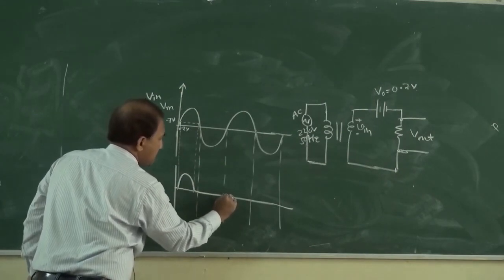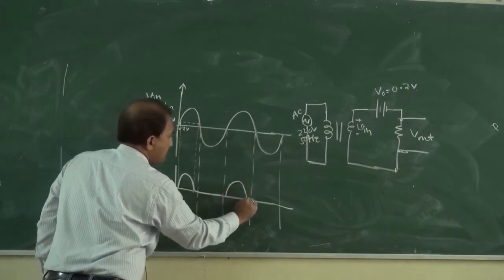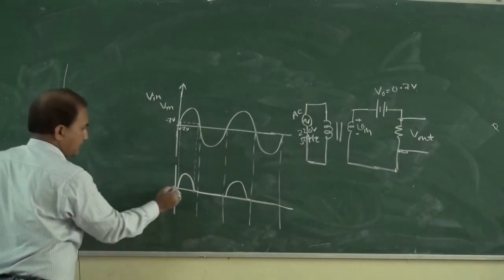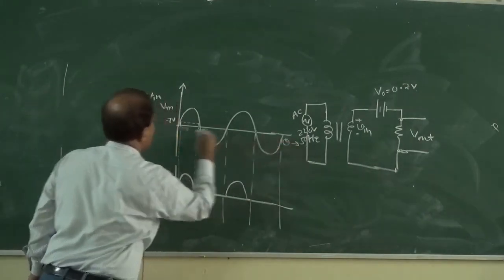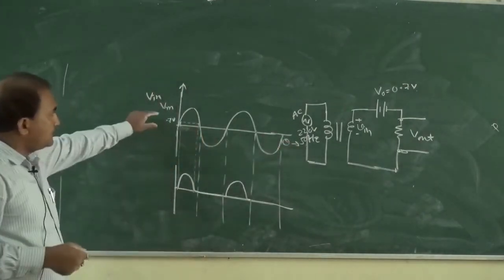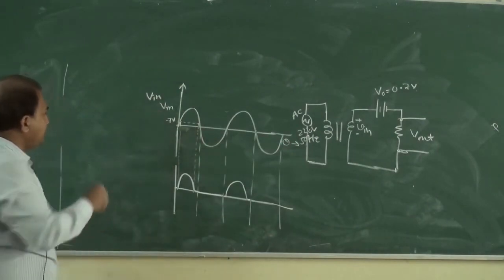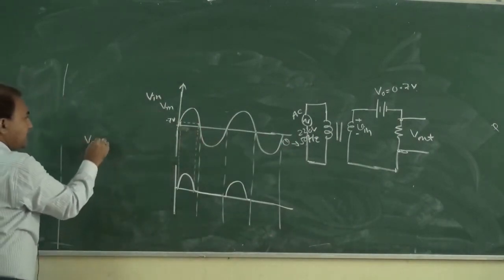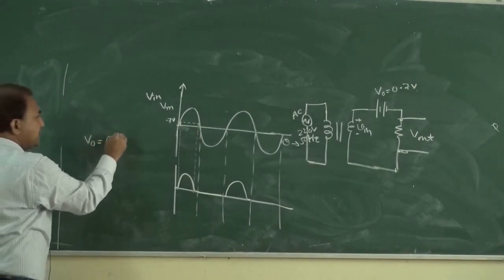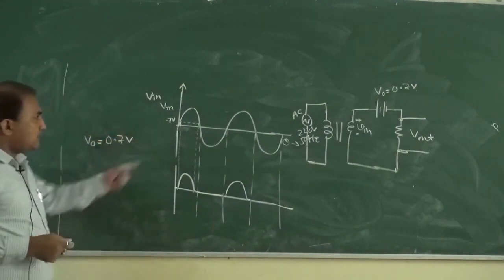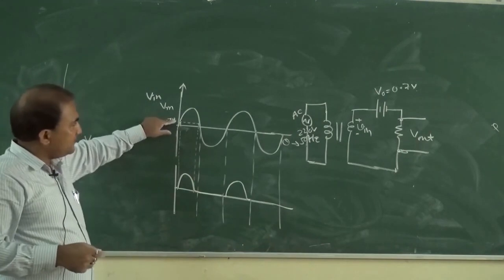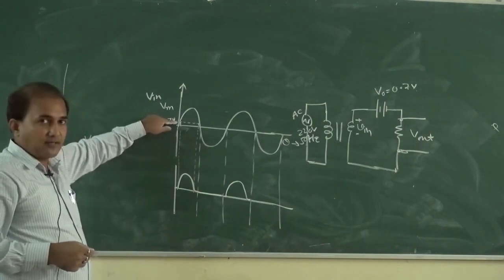This is theta. If we are using a silicon diode, then V0 for a silicon diode is 0.7 volt.